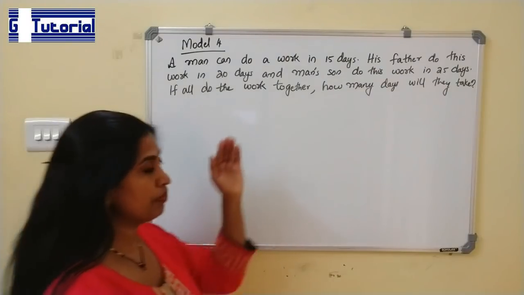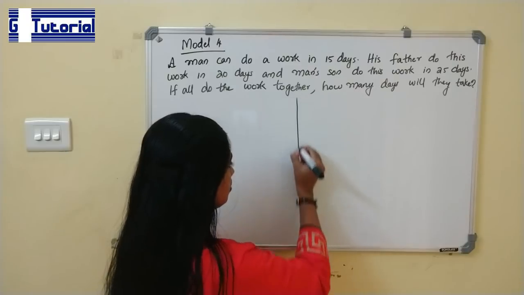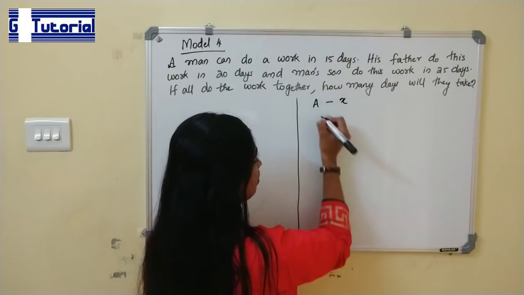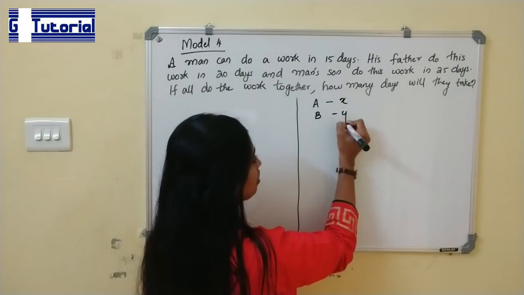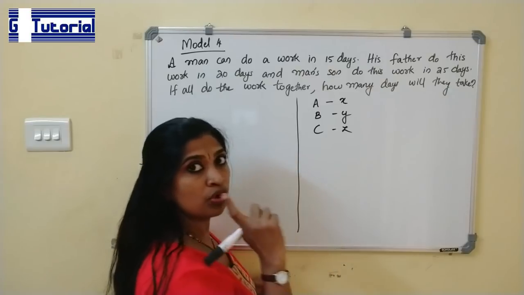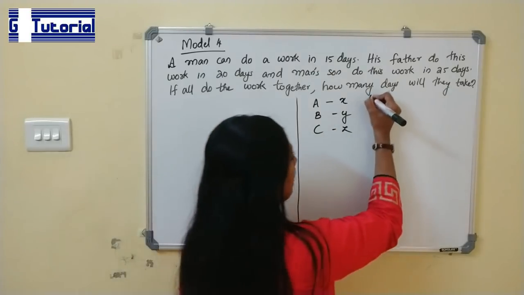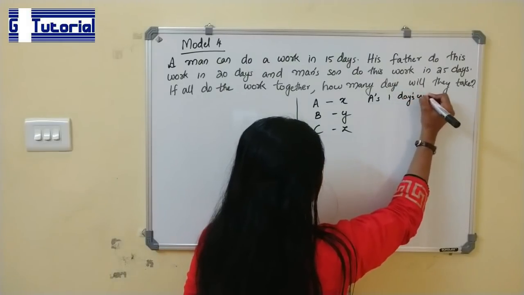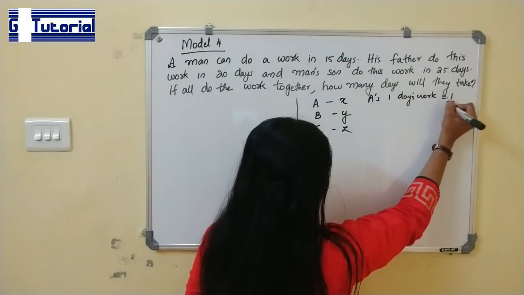This kind of problem can be done as follows. If A takes x days to complete the work, B takes y days to complete the work and C takes z days to complete the work. We know that total work is 1. So A's 1 day's work is 1 by x.